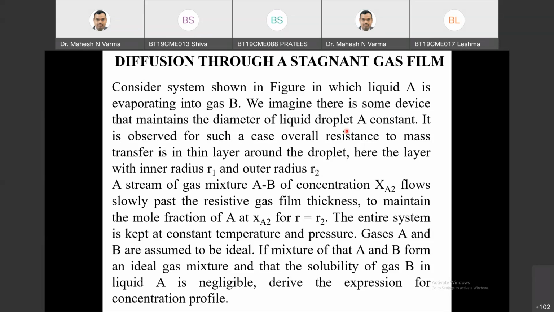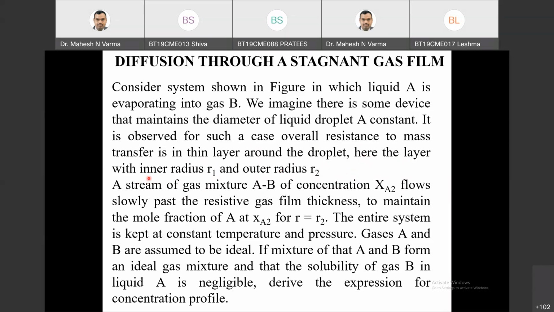It is observed for such a case that overall resistance to mass transfer is in a thin film around the droplet. In this problem, what is that thin film?